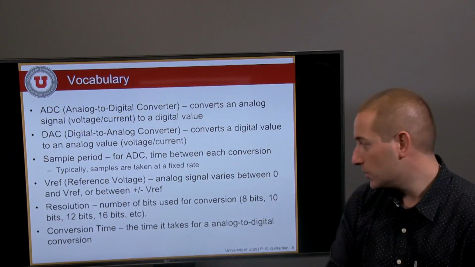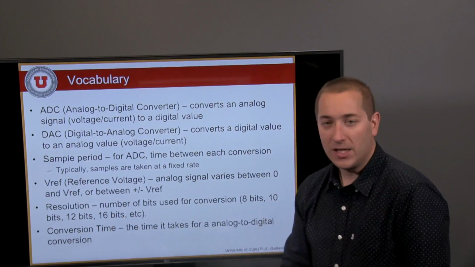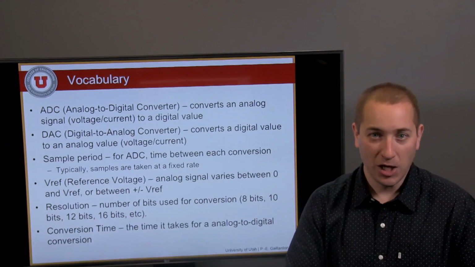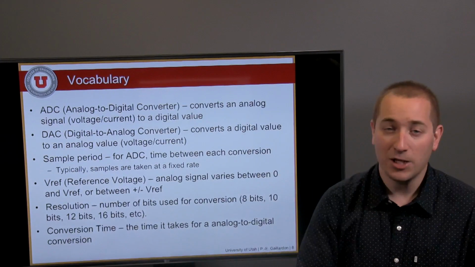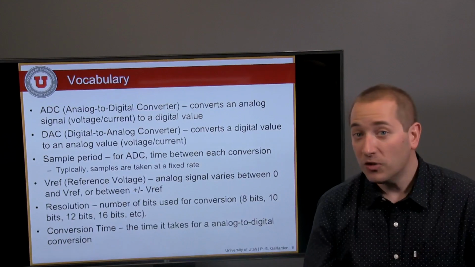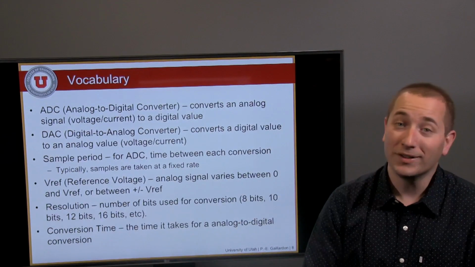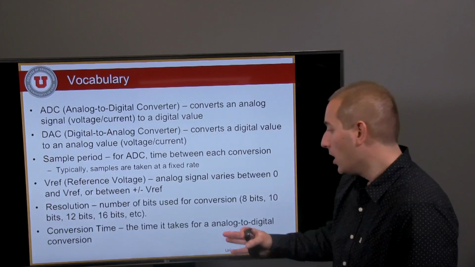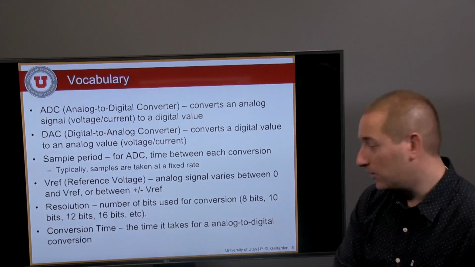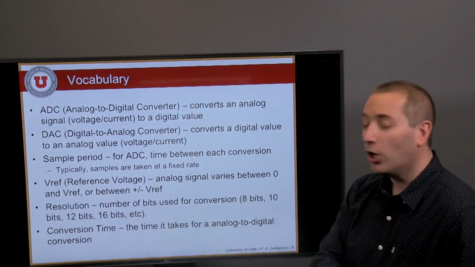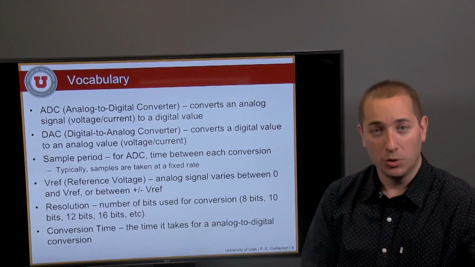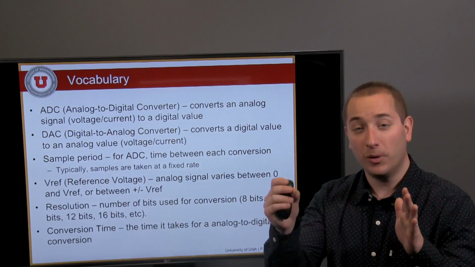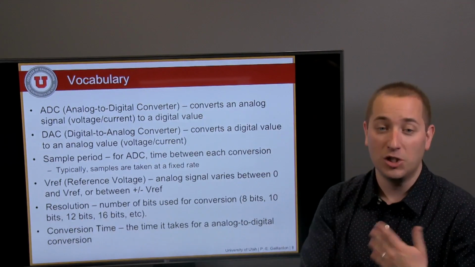Note that more is not always better. That really depends on your application and on the resolution needs that you have. Would it be really interesting to just quantize noise or not? That's an open question depending on your application. Conversion time is the time it takes for a signal to be converted through the ADC. You sample your signal and you wait for the conversion time to finish before having the digital value available.